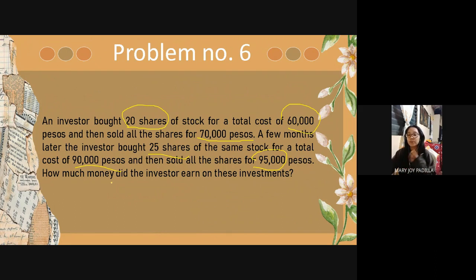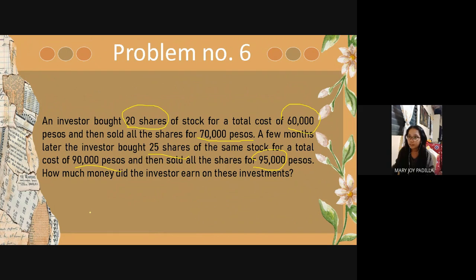How much money did the investor earn on this investment? So, tumaas yung second transaction natin kung makikita mo dito. So, paano nga ba natin siya masosolve at makukuha ang ating answer?